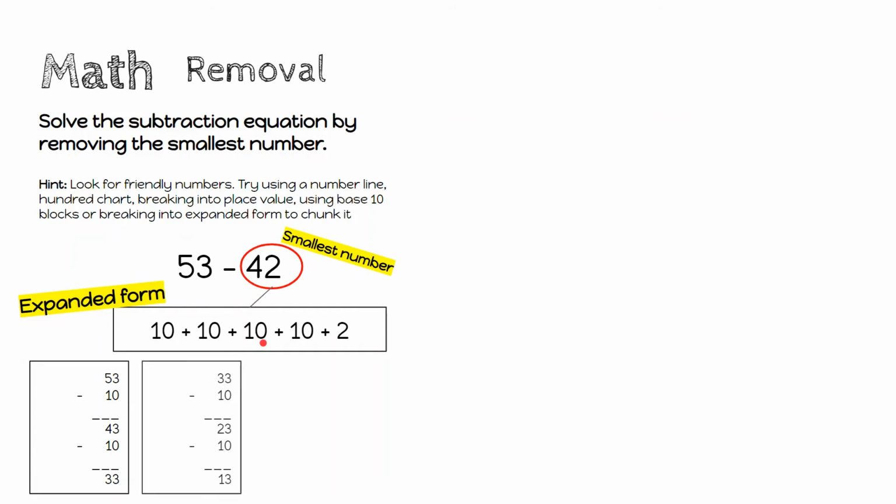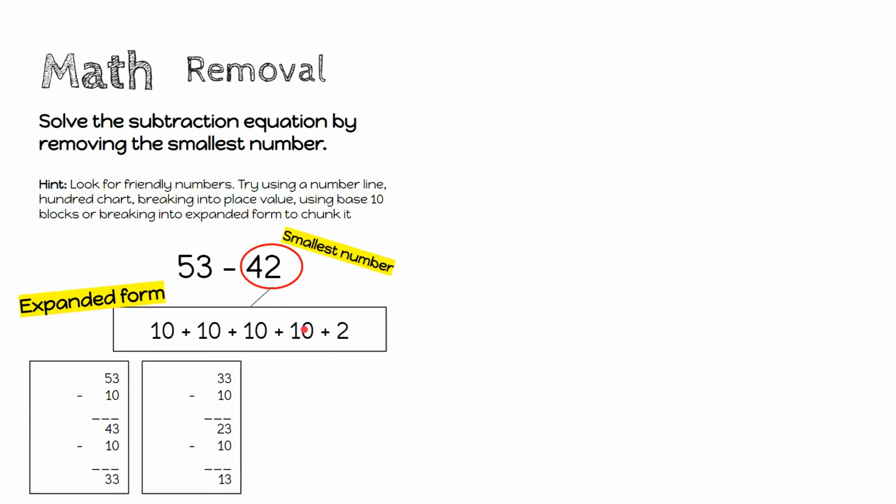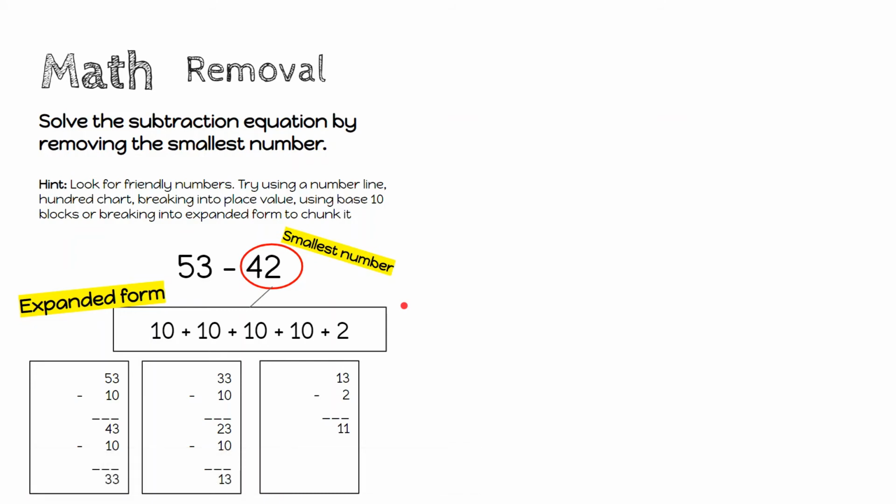And then we will continue this by subtracting another 10 from 33, and that gives us 23. And then we have one more 10 to subtract, so we're going to subtract another 10 from 23, which gives us 13. And then all we have left to do is subtract 2 more. So we have 13 minus 2, which gives us 11.